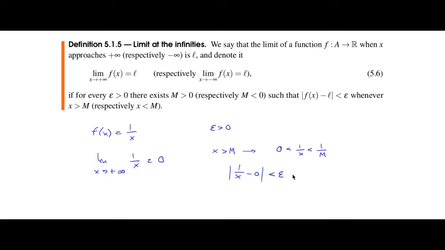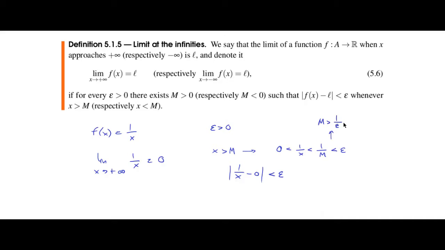That's what we need. Can we find an m such that this is true? Well, if you think about it, we can think that 1 over m has to be smaller than epsilon, which means that m has to be greater than 1 over epsilon, okay?